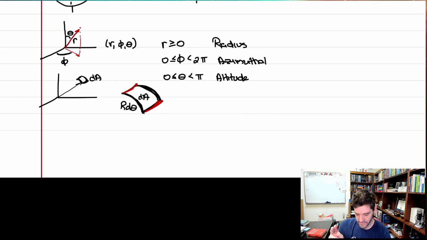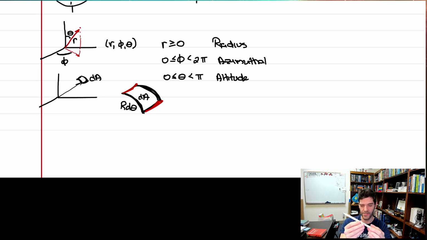Now the red ones, admittedly, are a little bit more subtle because this takes a little bit of visualization. If I have a very, very small value for the altitude theta, and I'm just a little bit off from the rotation axis, rotating as I sweep around, the tip of my pencil is sweeping a much smaller circle in this case.